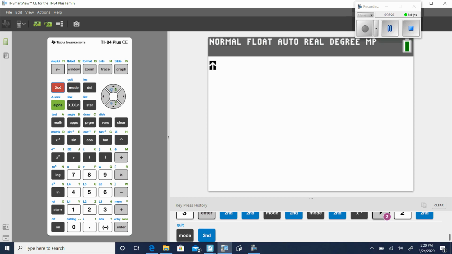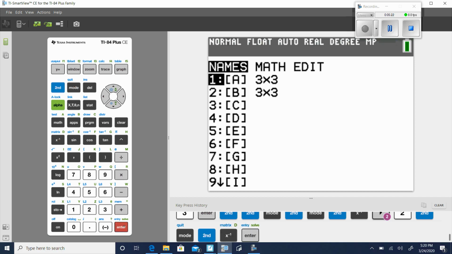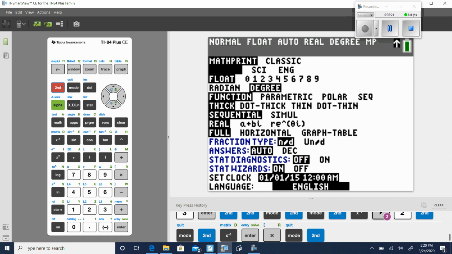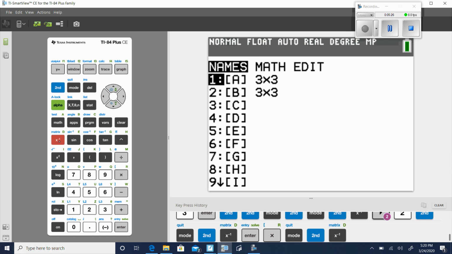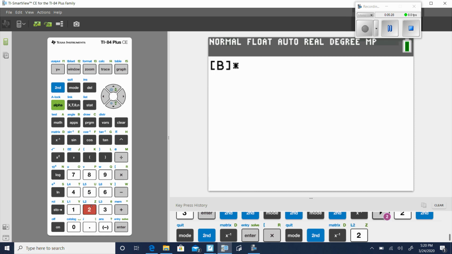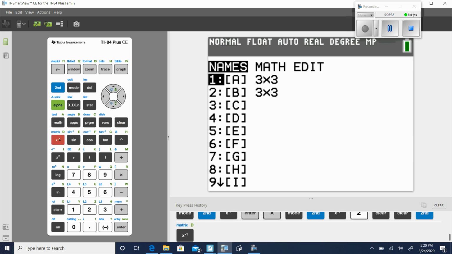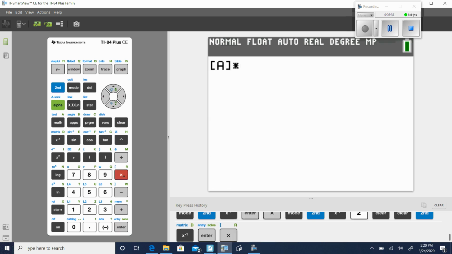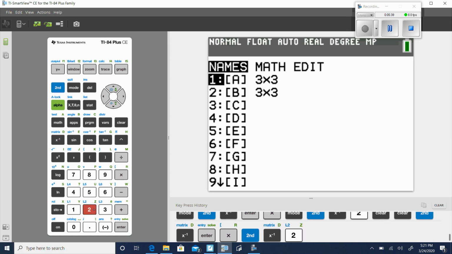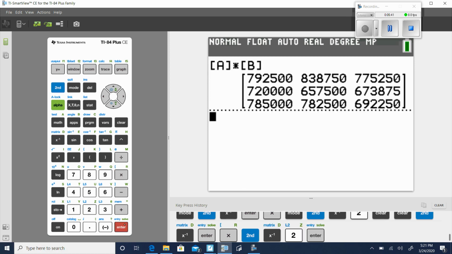Right? We could try A times B, which yields these numbers, which are interesting right here.